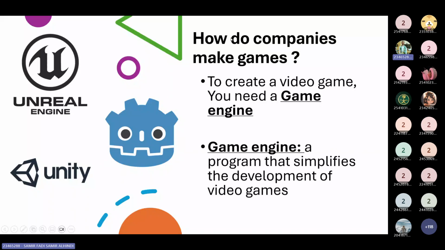So here I actually have three examples of game engines. The first one I have is probably the most popular game engine as of right now. It's called Unity. I'm sure you've heard of Unity. Some of the games that have been created in Unity include Hollow Knight and its sequel, Hollow Knight Silksong, and also Cuphead.